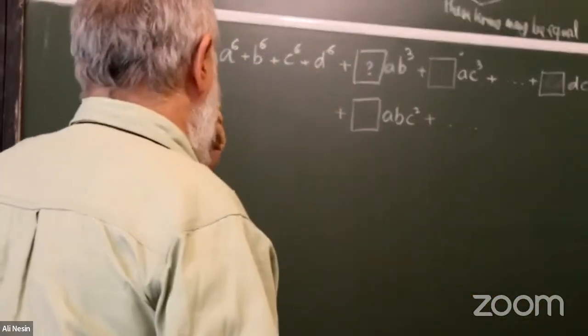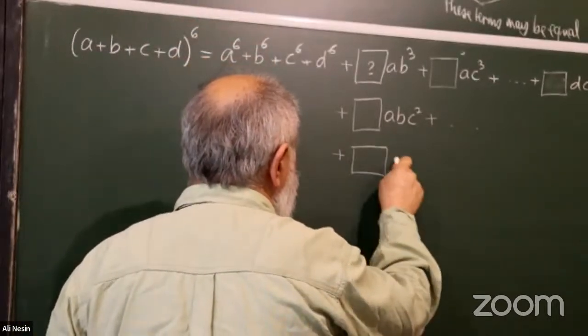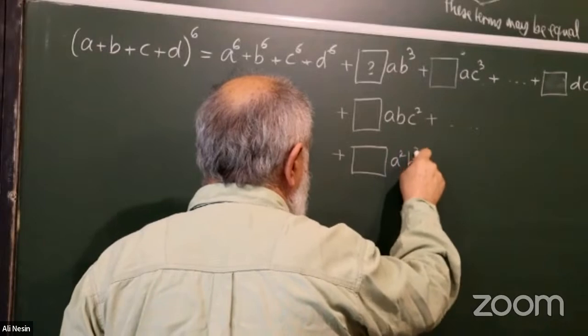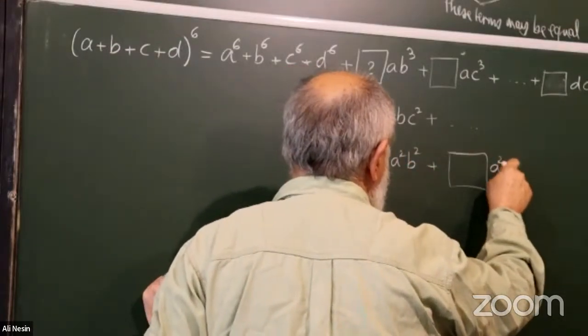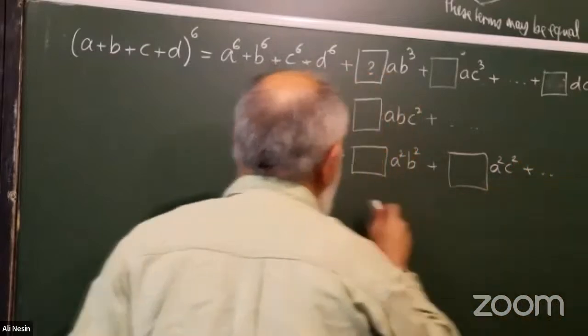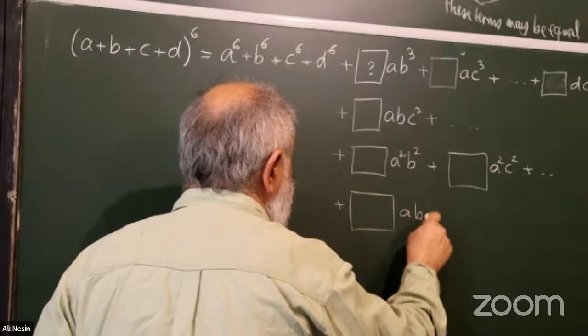And then what do you have? We'll have a squared b squared, and others like a squared c squared, and so on. And then you will have a b c d's.